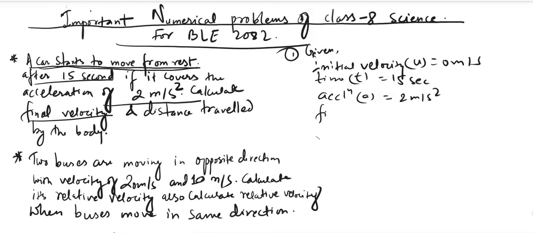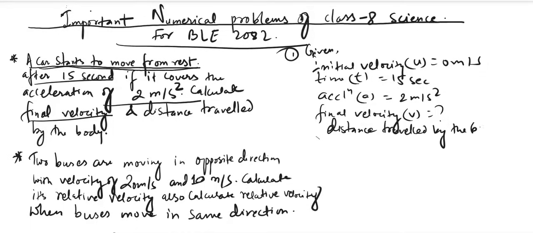We have to find the final velocity v is equal to what? And the distance traveled by the body, S is equal to what?